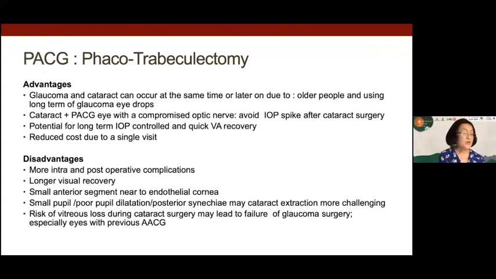The advantages of the combined cataract and trabeculectomy surgery are that glaucoma and cataract can occur simultaneously or later, due to the person's age and long-term use of glaucoma eye drops. When doing cataract surgery in PACG with a compromised optic nerve, this surgery will avoid IOP spike after surgery.